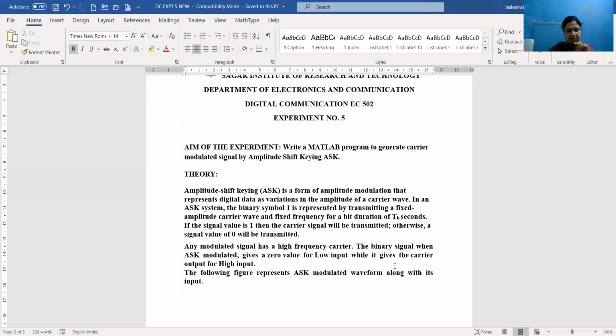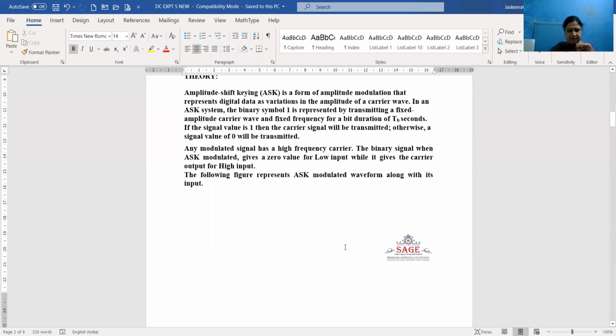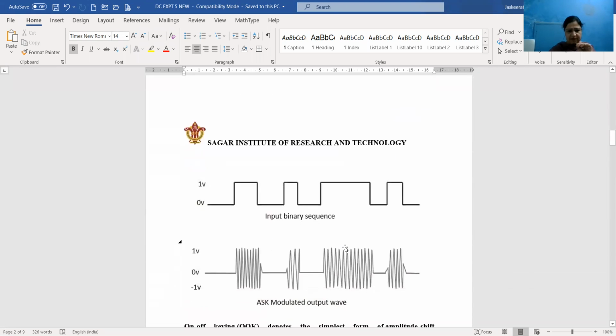But if the signal value is 0, then no carrier signal is transmitted. Any modulated signal has a high frequency carrier. So the binary signal, when ASK modulated, gives a 0 value for low input, while it gives the carrier output for high input. We can see the concept of the ASK modulated waveform in this figure.